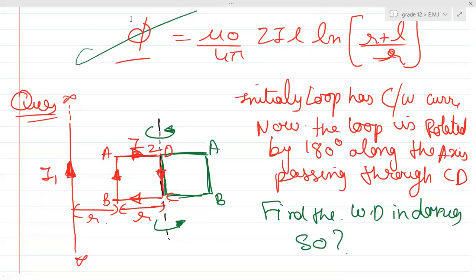Chalo, do it. Yes, people. Hello. Sir, my screen is lagging and I can't hear.